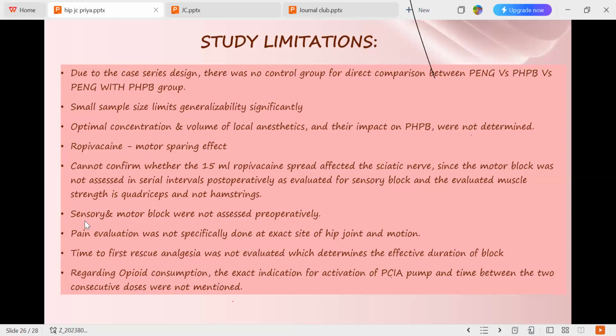It was mentioned that in the rescue remedy, for NRS more than 3, they gave IV hydromorphone, but when coming to the PCA pump, they have not mentioned at what pain score they activated it. So without continuous infusion, why did they keep a PCA pump? This was all questionable in the study.